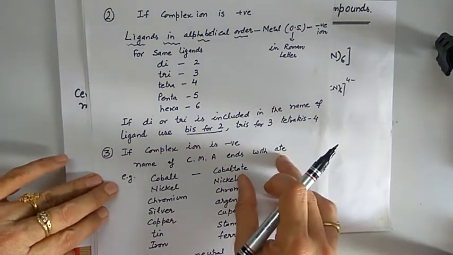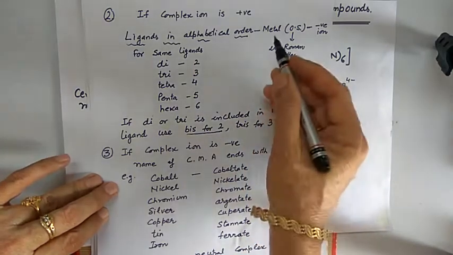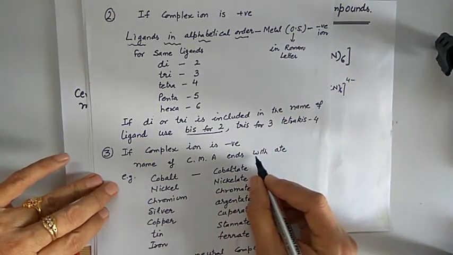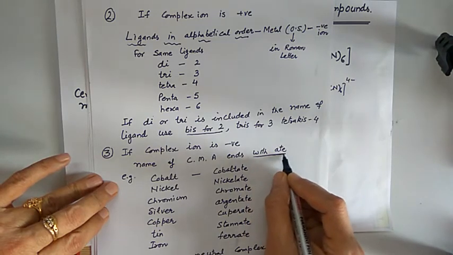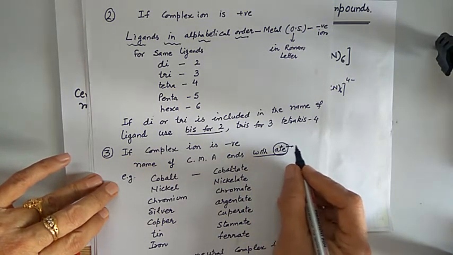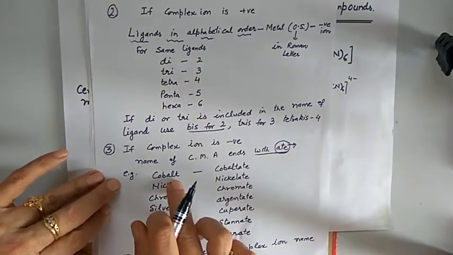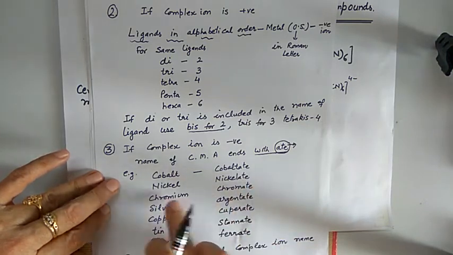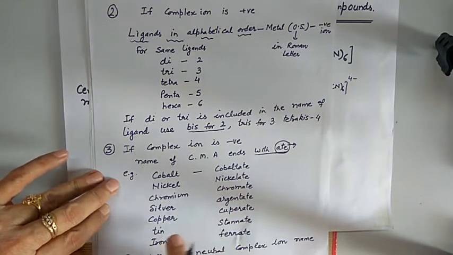But the difference is that while writing the name of the metal atom, it will end with ATE. Suppose it is cobalt, we write cobaltate, nickel, nickelate, chromium, chromate.